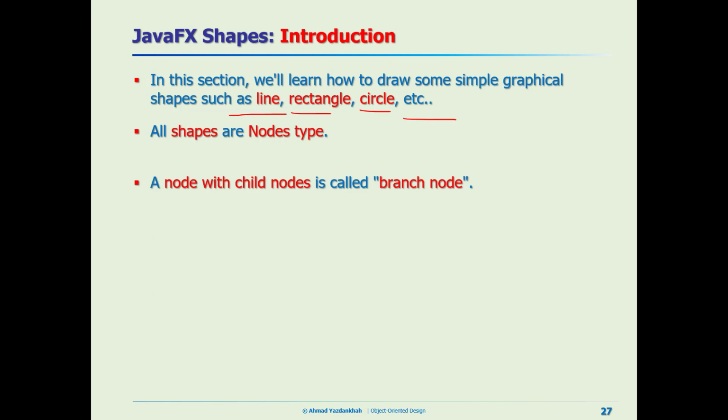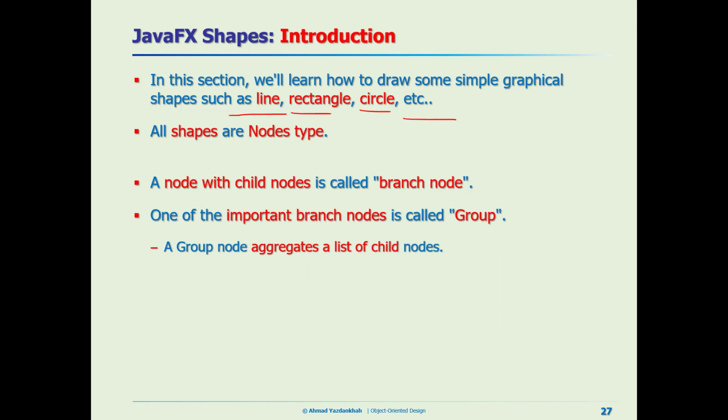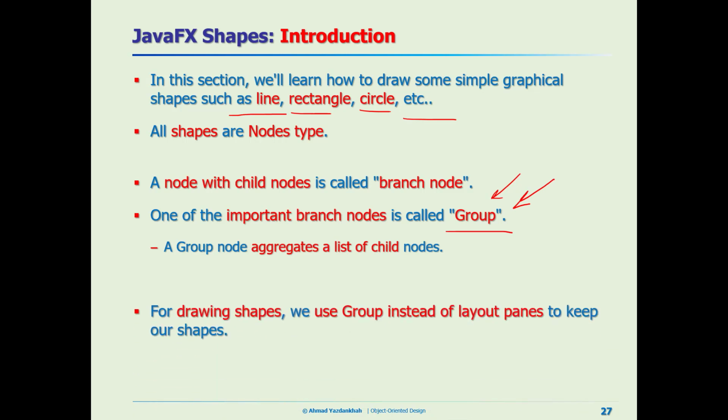One example of these branch nodes is called a group. Group is important in drawing shapes because instead of the layout pane, we will be using groups, right? And we also need to know that the window where all of the shapes are located is called the canvas.